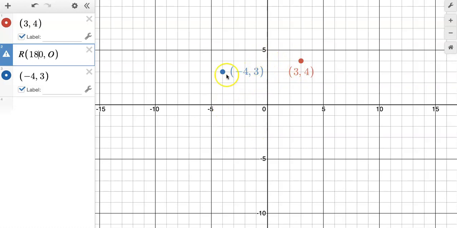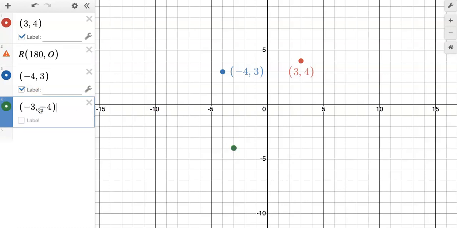If this little rectangle shaped thing, this 4 by 3, rotated down here, it'd be a 3 by 4, hanging out right there. That looks like -3 and -4, so let's write that down. -3, -4. Yep, right there.